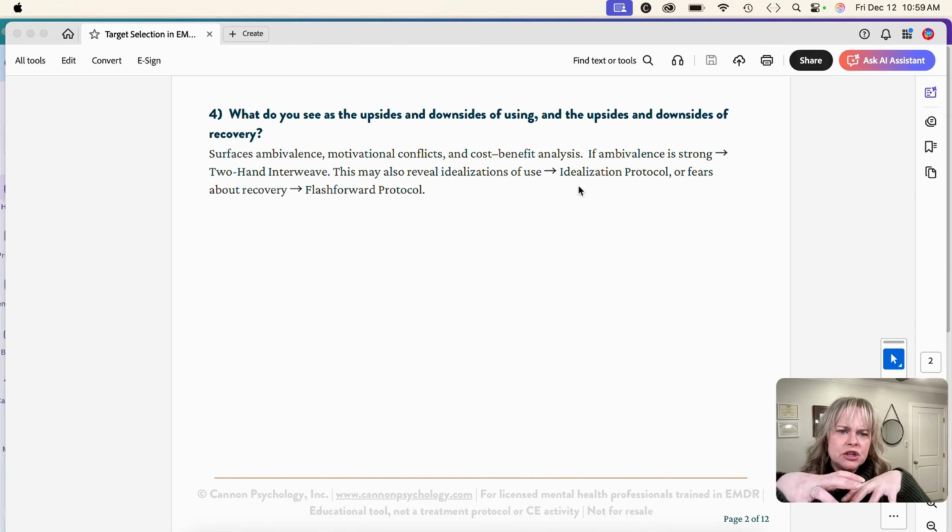That idealization protocol actually was originally designed for domestic violence relationships. And so I personally just started using it with people who are idealizing substance use or their problematic behavior, because that in and of itself is a relationship. Someone's relationship with alcohol, drugs, or their behavior that's really causing them problems.